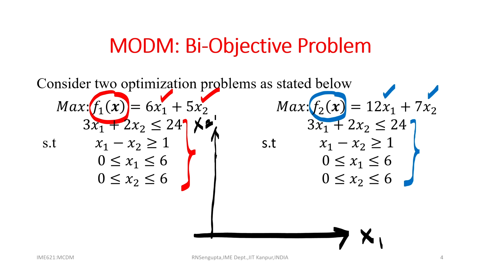The first one is 3 x1 plus 2 x2 is equal to 24, a straight line. When x1 is 0, x2 is 12. Consider the scale 5, 10, 15; 12 will be somewhere here. When x2 is 0, x1 is 8, so it will be somewhere here. And it is less than or equal to, so the constraint is this, which is the first one.